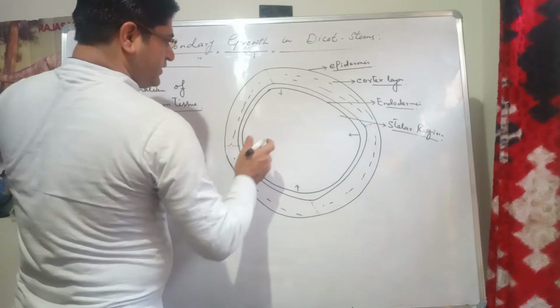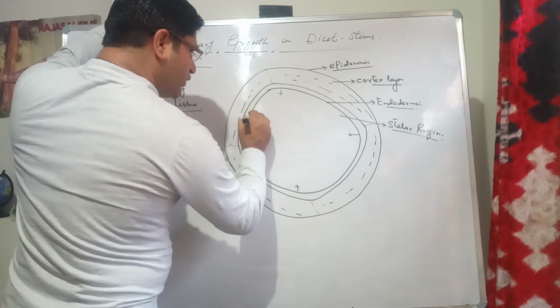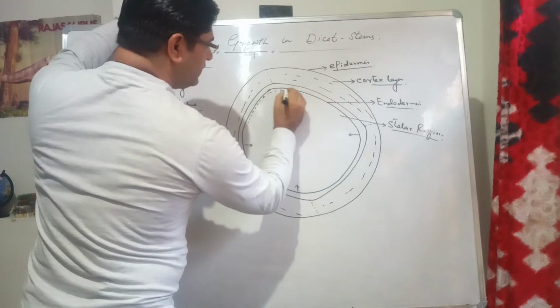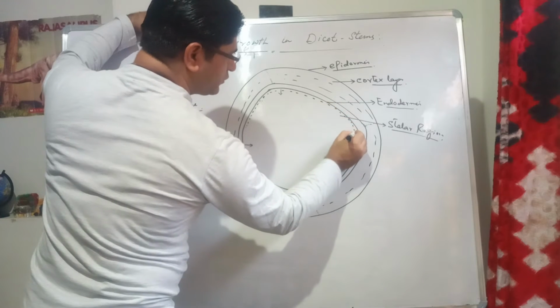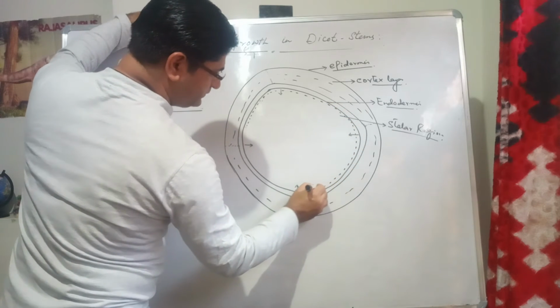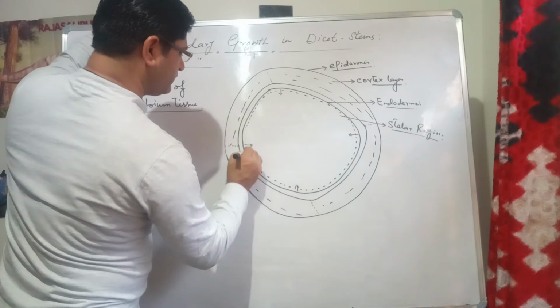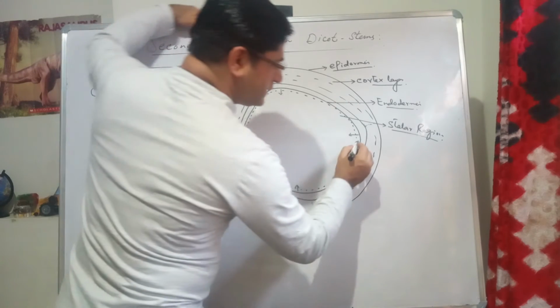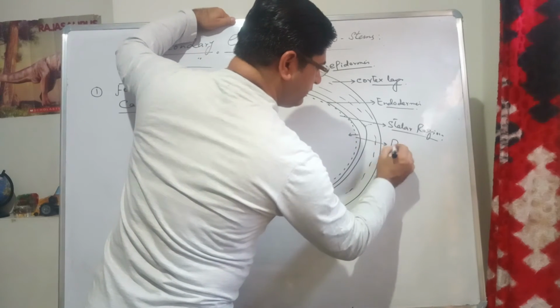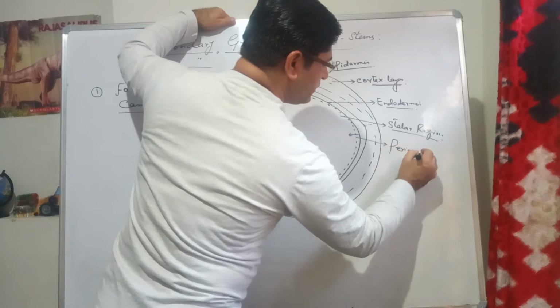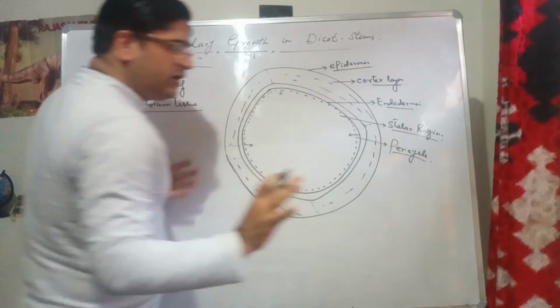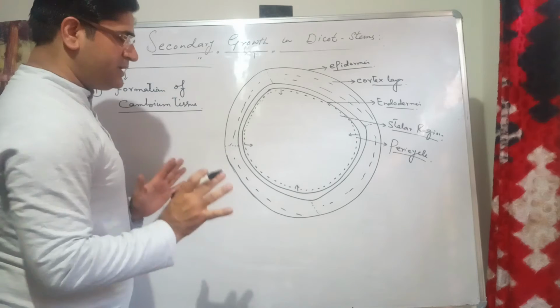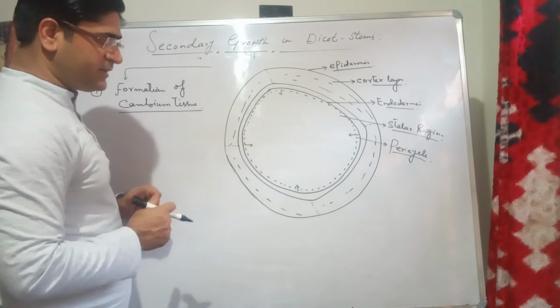In this stellar region, there is another layer which is going to be formed. The outermost layer of the stellar region is called pericycle, which I have already told you. So you know that all these zonations are present in the dicot stem.